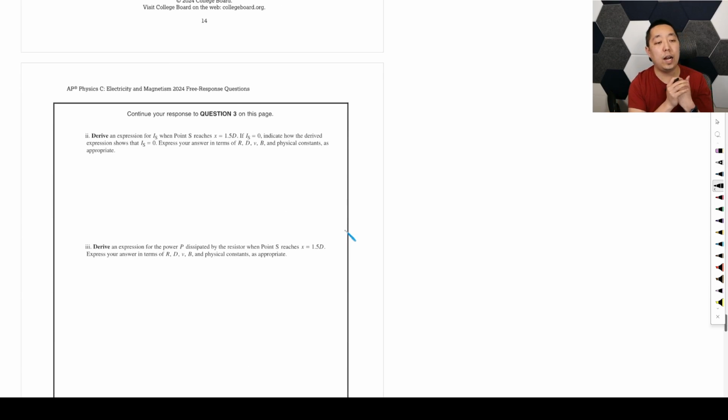Okay, derive an expression for IS when point S reaches 1.5D. If IS is 0, indicate how the derived expression shows that IS is 0. Express your answer in terms of R. Okay. Derive an expression for IS when point S reaches 1.5D. Okay, so we just want to do the voltage is the derivative of the flux, right?